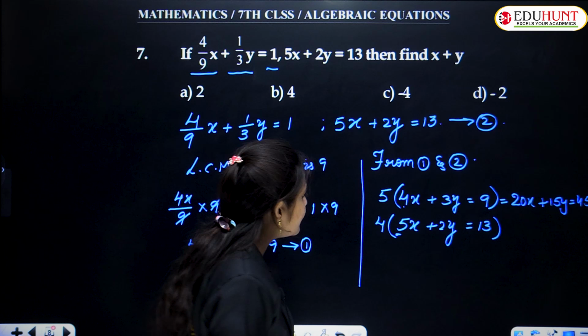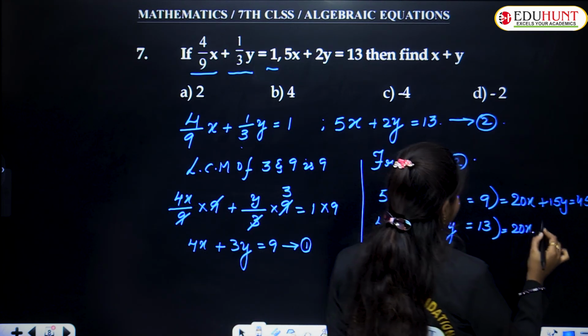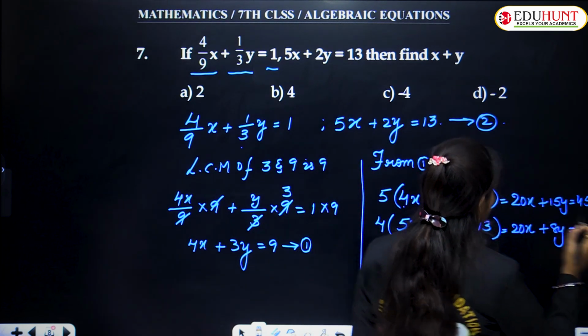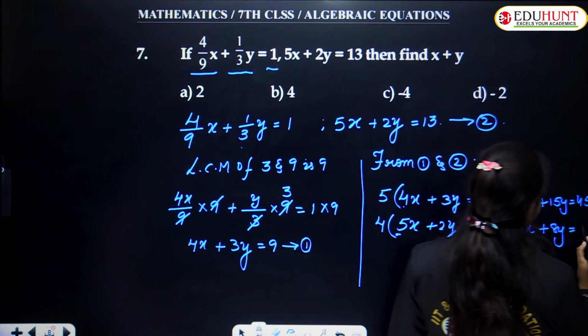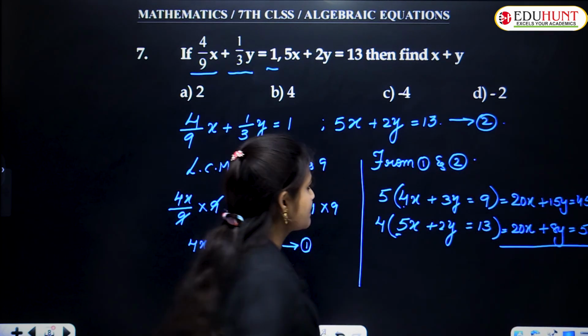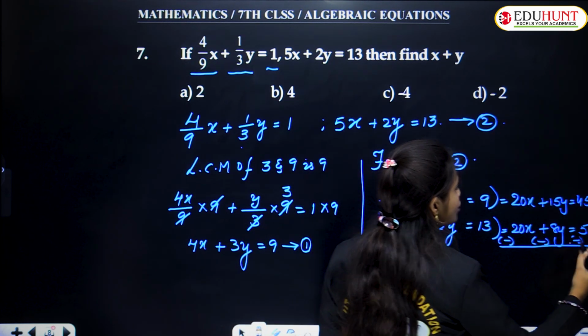Clear? And in the same way here 4 5s 20x, and here 4 2s are 8y, which is equal to here 13 4s 52. Okay? Take the difference. So, here minus, and here also minus.